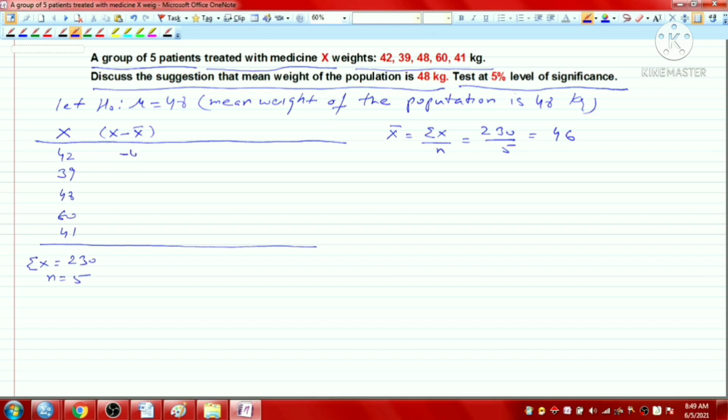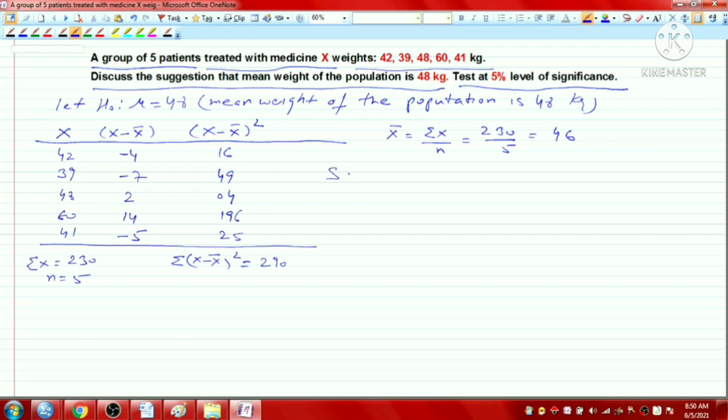Now deviation from the mean: 42 minus 46, 39 minus 46, 48 minus 46, 60 minus 46 and 41 minus 46. The square of this column, x minus x dash square: 4 squared 16, 7 squared 49, 2 squared 4, 14 squared 196 and 5 squared 25. Summation of all these terms equals 290.